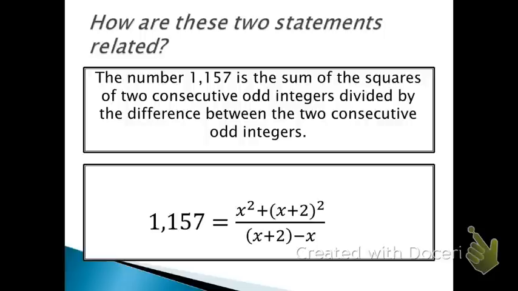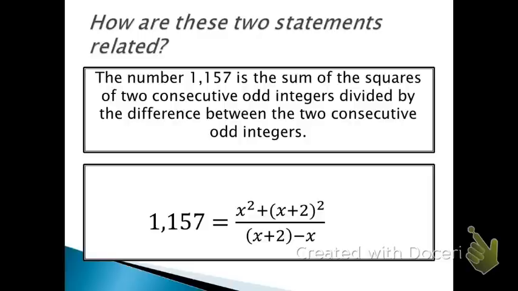Okay, so the one is a lot of words. The number 1157 is the sum of the squares of two consecutive odd integers divided by the difference between the two consecutive odd integers. Okay, so that's a lot of words, whereas down below we've used a variable x to represent a number.